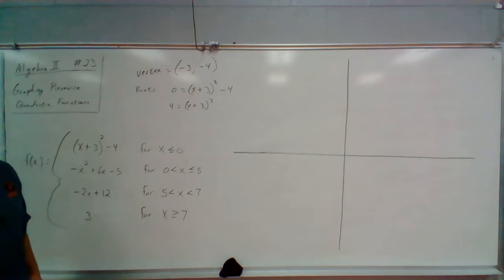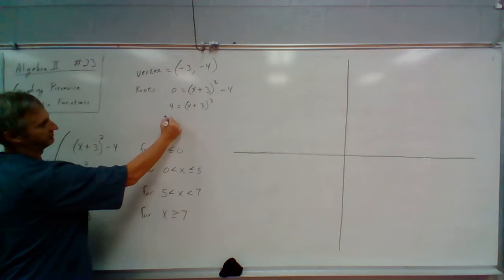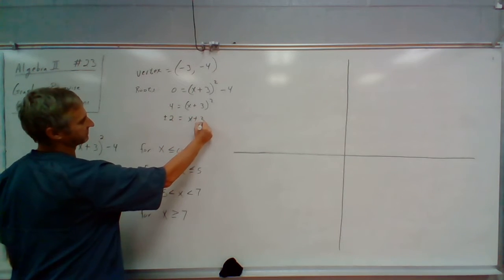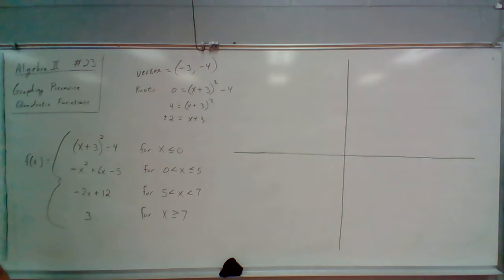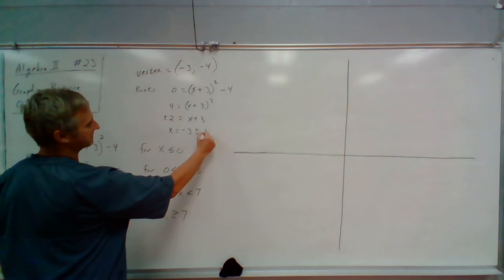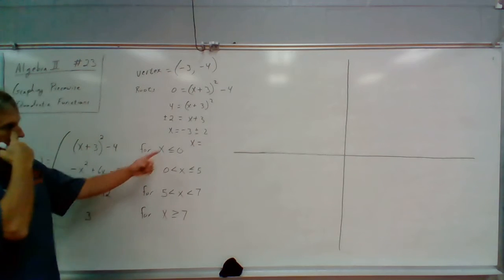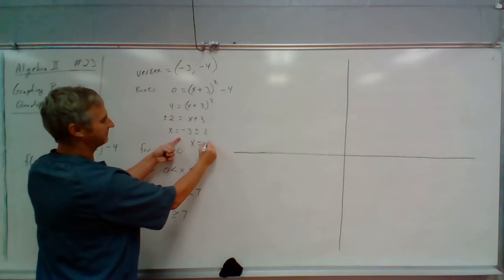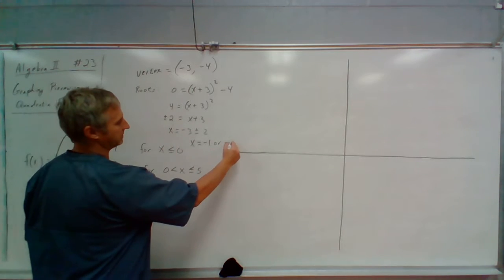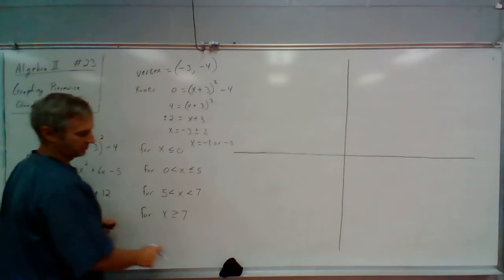Now I'm going to take the square root of both sides, and that'll give me plus or minus the square root of 4, which is 2. So plus or minus 2 is equal to x plus 3. Subtract 3 from both sides, and I get x equals -3 plus or minus 2. So x would equal -3 plus 2, which is -1, or -3 minus 2, which is -5. So there's my two roots.